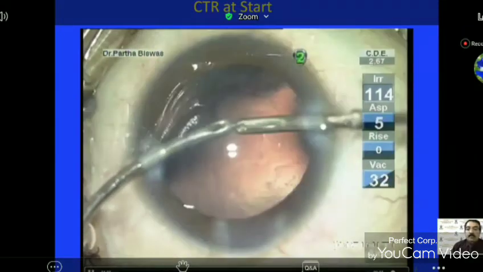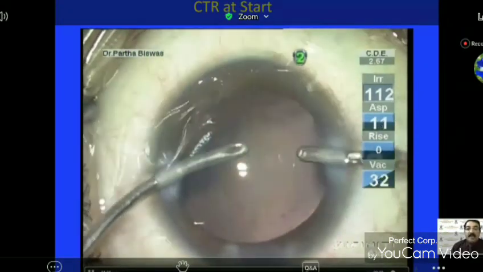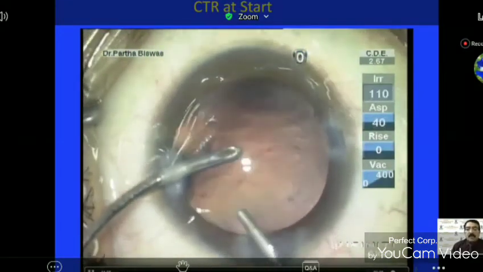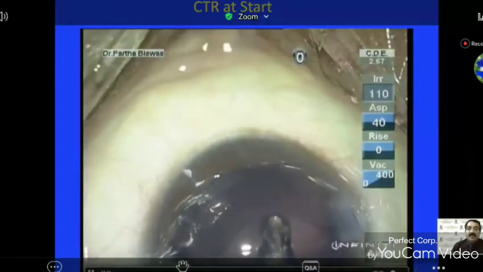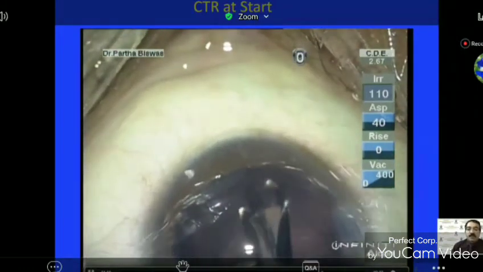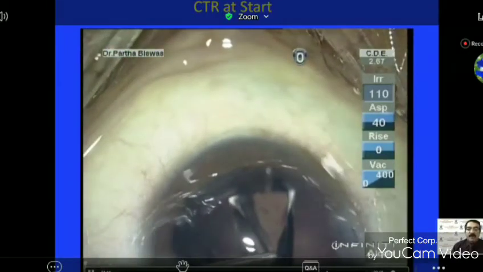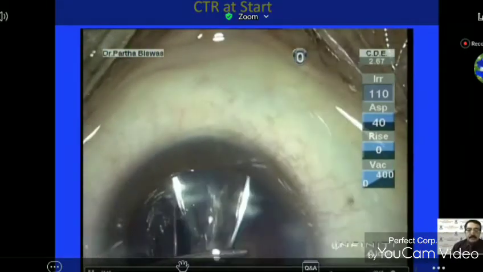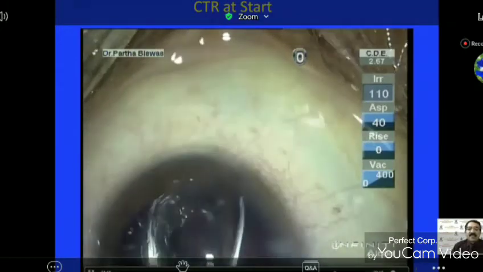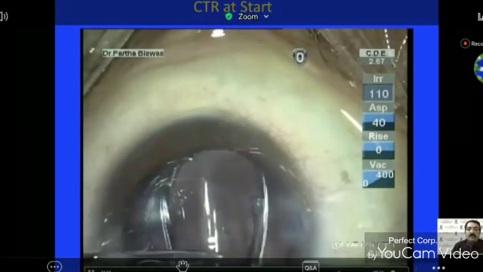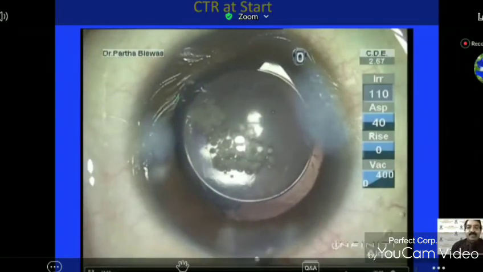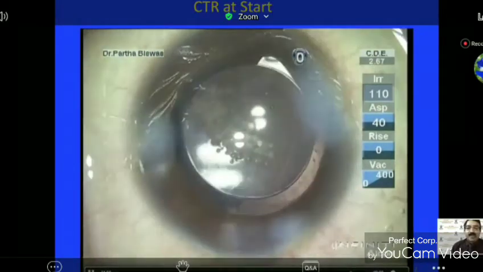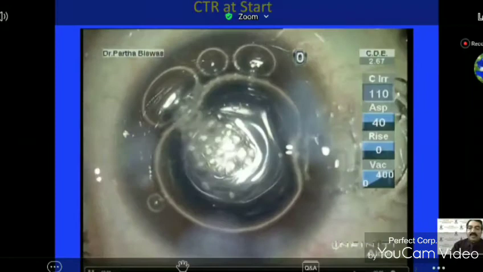You can do a little bit of polishing, and if the rhexis is a small one, you can even increase its size. Here we place a single piece intraocular lens in the bag. Since this is less than 3 clock hours of subluxation, the stability and centration of the IOL is well maintained without the use of any device.